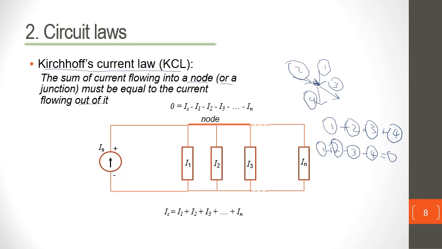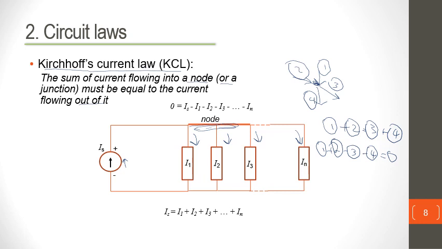So here you have a good example of a current supply IS, where the current flows all into this node, and then from there I1 gets its own current, I2 gets its own current, I3 gets its own current, I4 gets its own current, and so on up to IN getting its own current.